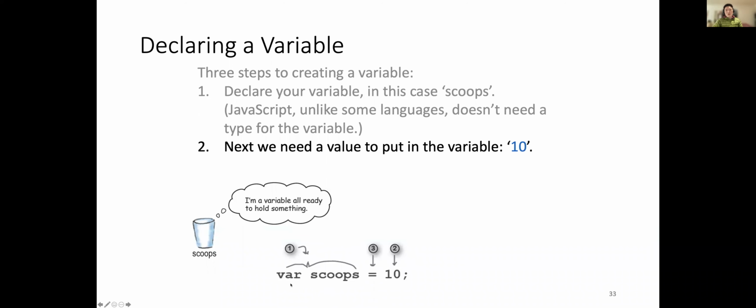You just say it's a variable. So in this case, the variable name is scoops, and it's used to store 10. By default, JavaScript will treat this as a number. But this can be a string, or say even an array or object. It doesn't matter. You don't have to say what that is, and you can change it on the fly.